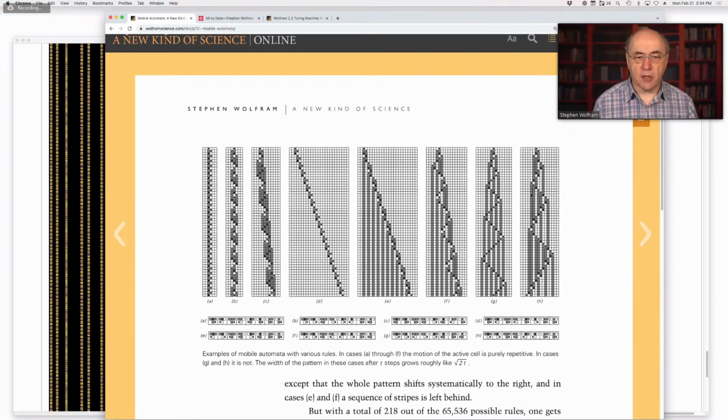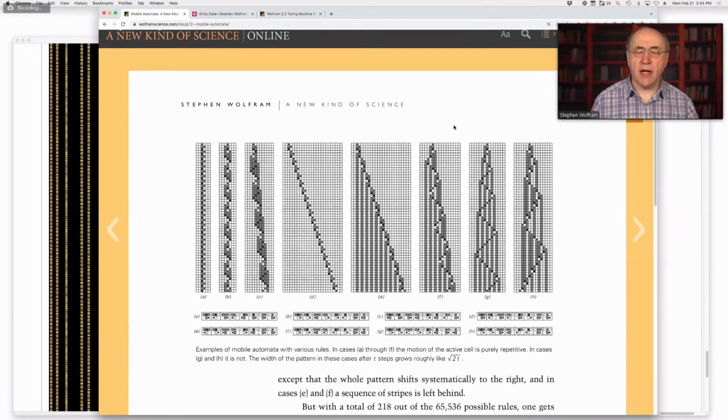I would say mobile automata are something that have not been studied as much as they should have been. They're still very much out there to be studied. I would say that about cellular automata as well. Here's the crazy thing: I found some new things about simple one-dimensional cellular automata just a couple of days ago. So it's like there's this infinite ocean of things to discover, even within those very simply defined rules.